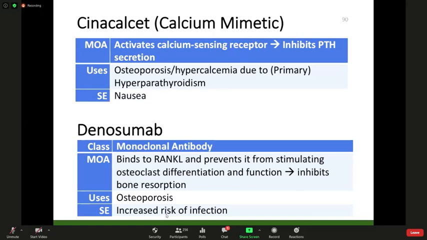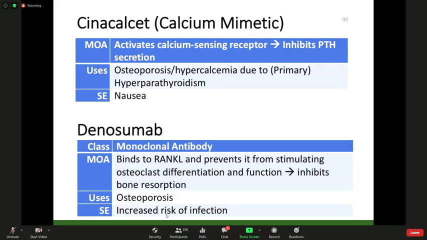The first is a calcium mimetic called cinacalcet. It's specifically indicated for osteoporosis due to primary hyperparathyroidism. So in primary hyperparathyroidism, di ba, ang taas na ng PTH, it stimulates calcium dynamics. So you become hypercalcemic. And then the increase in calcium level doesn't anymore shut down the PTH secretion.